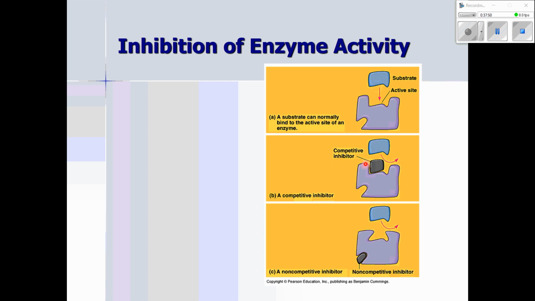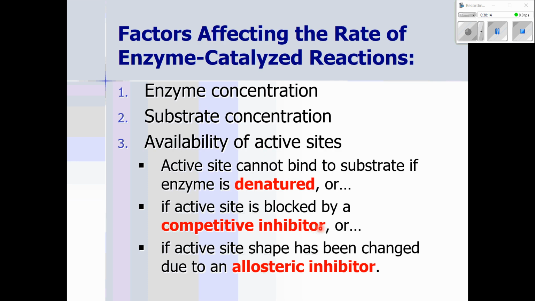Or you can introduce a competitive inhibitor, which will physically block the active site so that the substrate cannot bind. Or the third way, a non-competitive inhibitor can bind to this site, the allosteric site, changing the shape of the active site. So these are all the factors that affect the rate of enzyme catalyzed reactions.